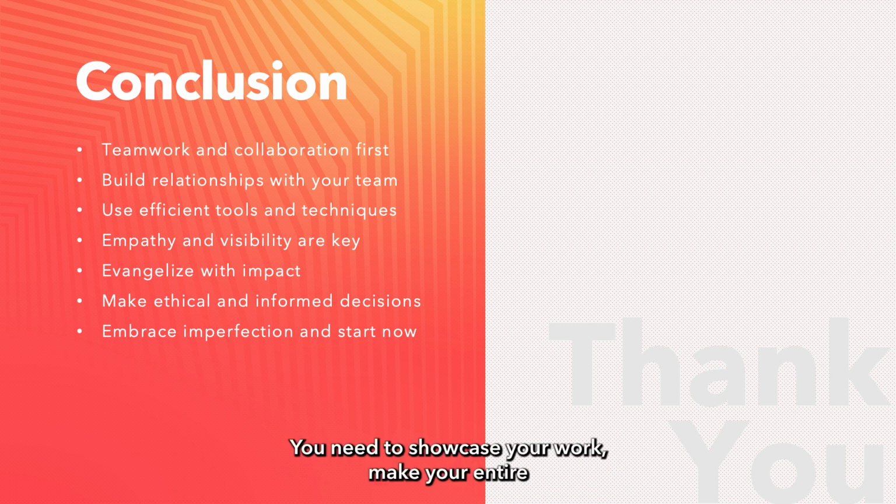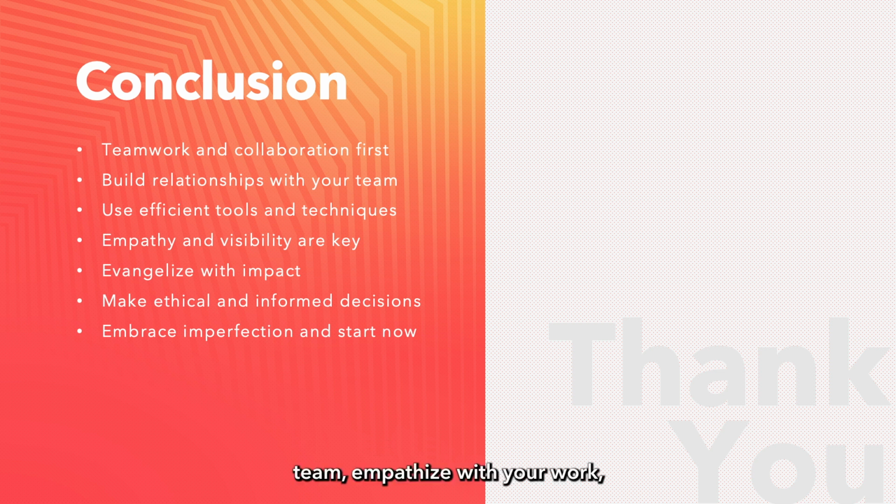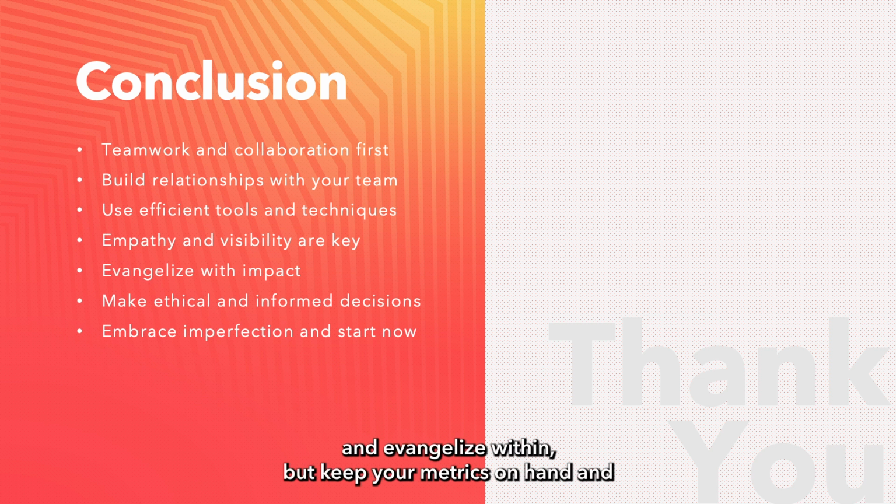You need to showcase your work, make your entire team empathize with your work, and evangelize with impact. Keep your metrics at hand and showcase your work. Make ethical and informed decisions, super important, and embrace imperfection and start now.